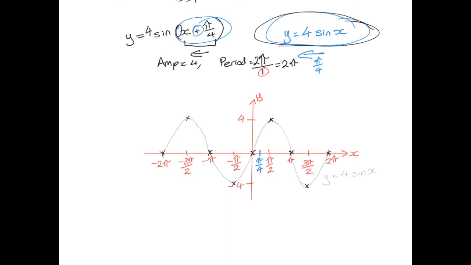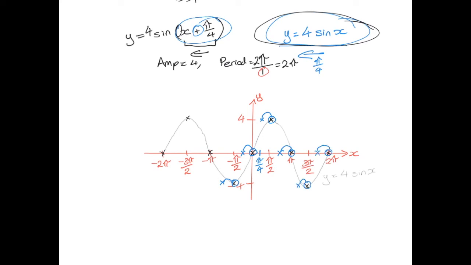For instance, this point here, I want it to bounce backwards halfway. This point here, I want to bounce backwards halfway. Do you see what's happening? I'm bouncing back pi on 4, which is just halfway. So this point moves there, this point moves about there, this point moves about there.